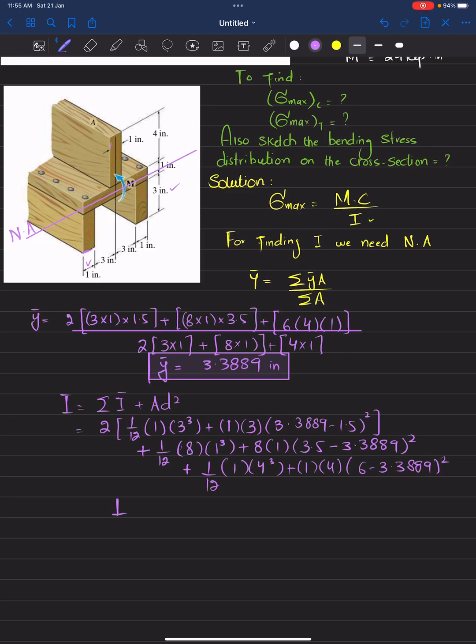When you solve this, you will get the moment of inertia of this whole cross section about the neutral axis as 59.278 inch power 4.